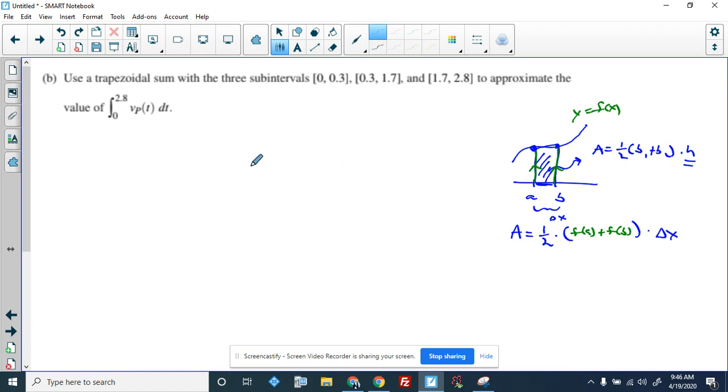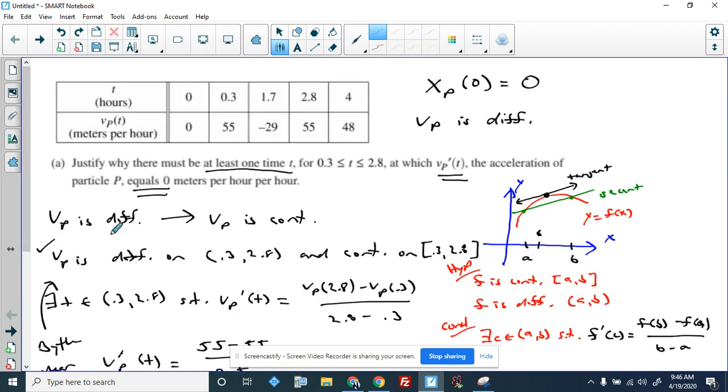So now if I want to do this problem, they gave me the functional values for velocity. They went ahead and did that. So I'm basically going to do it with trapezoids. Now, in the past, I've told you, draw a picture with a table if you're unsure so you can see it. And you can do that here too, but you may get a little confused because there's a negative functional value here, a negative velocity value.